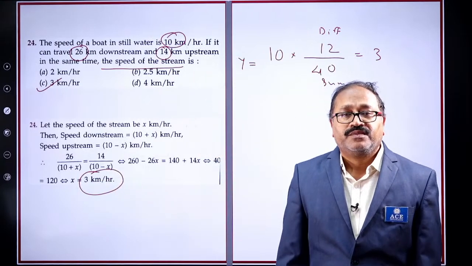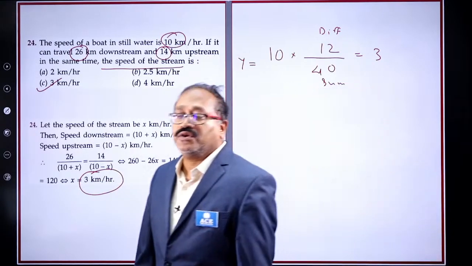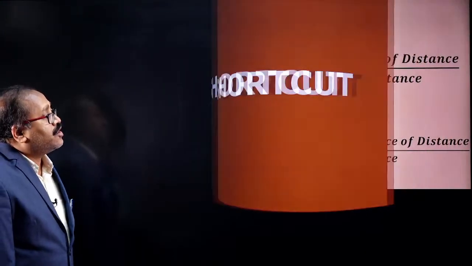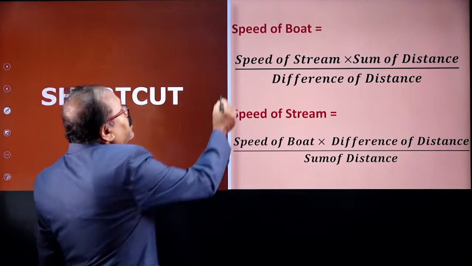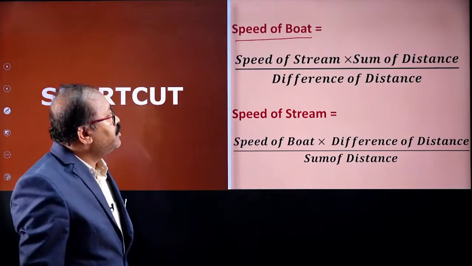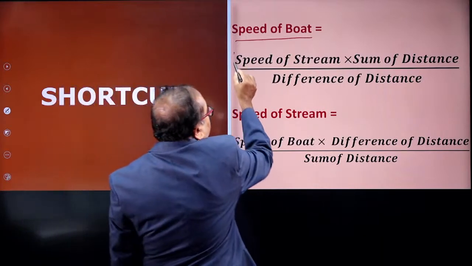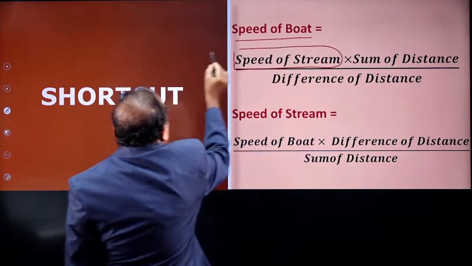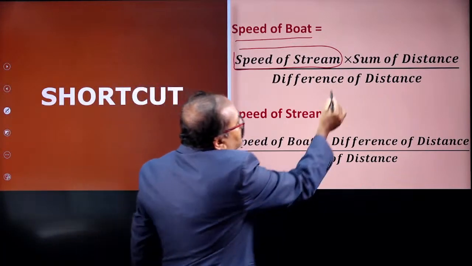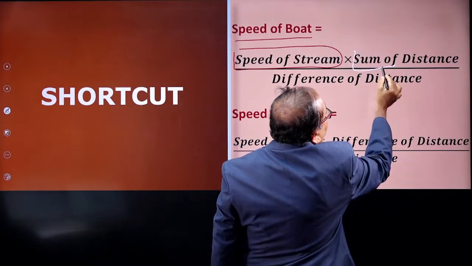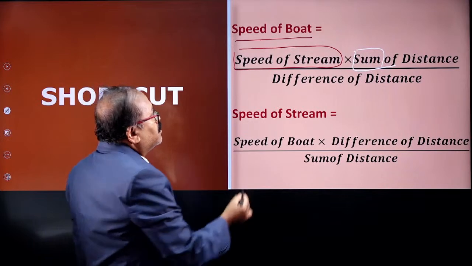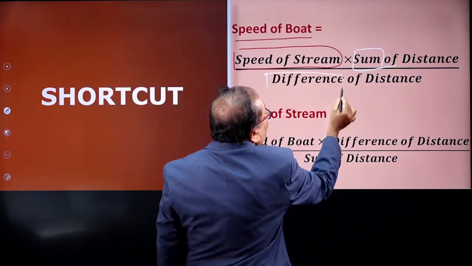That's all. So, finally, my friends, here is the shortcut. If you need to find out the speed of the boat, then write down the speed of the stream, and sum of the distance by difference of the distance.